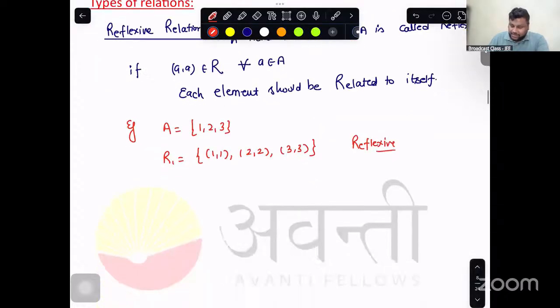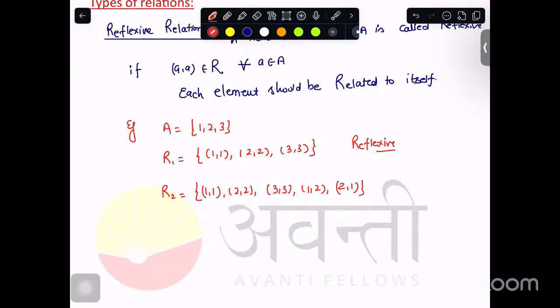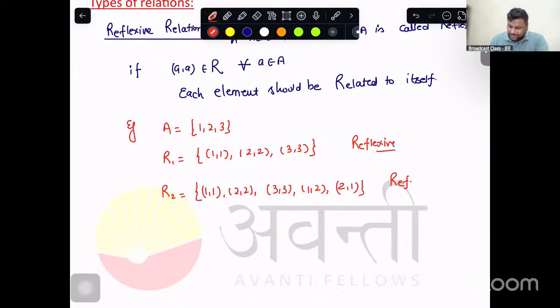If I define a relation R2 as (1,1), (2,2), (3,3), (1,2), (2,1). Is it reflexive? Yes, this is also reflexive. If I define a relation R3 as (1,1), (3,3), (2,3), is it reflexive?